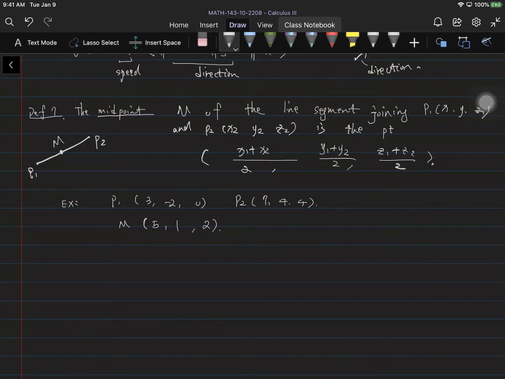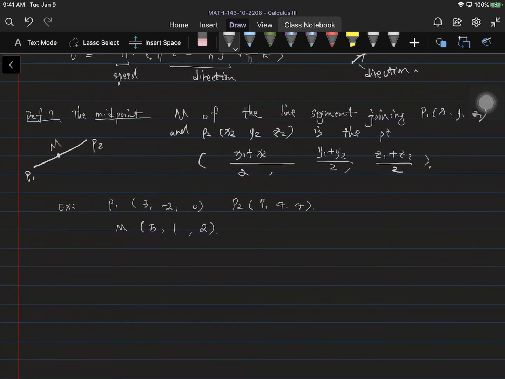Okay, so for the summary of this section, we just want to know several things. Firstly, given two points P and Q, we need to know how to find the PQ vector, and what the length of this PQ vector or QP vector is, same thing.